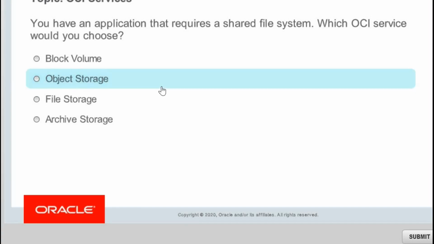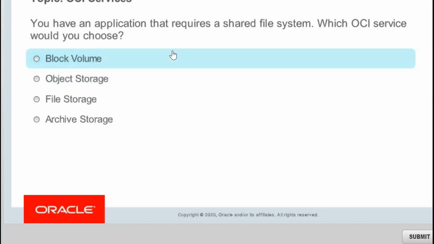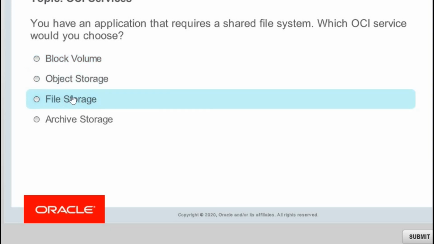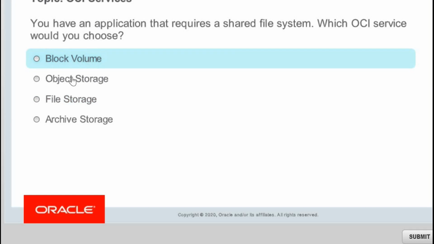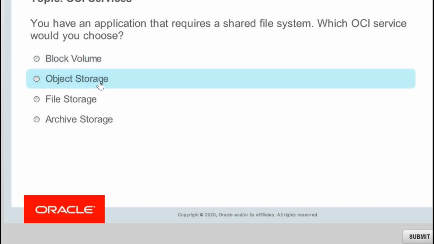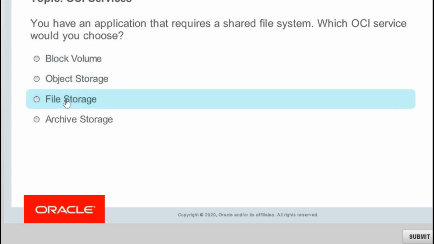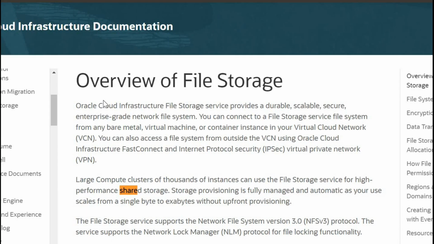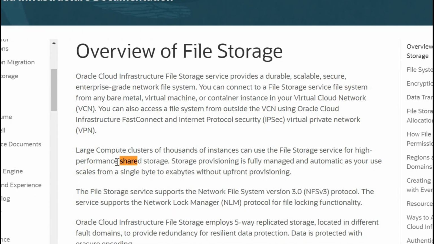You have an application that requires a shared file system. If a file system needs to be shared, then we need to go with file storage. Block volume cannot be shared, and object storage also cannot be shared. So in this case, Oracle has developed file storage. Let me also show you the document. So this is the document. You can see this is shared storage.